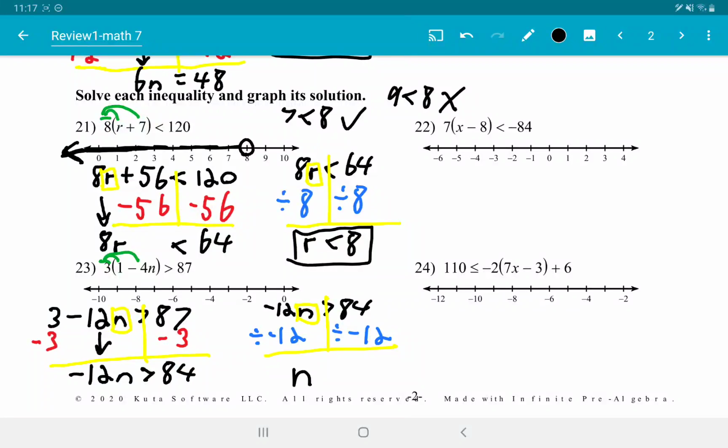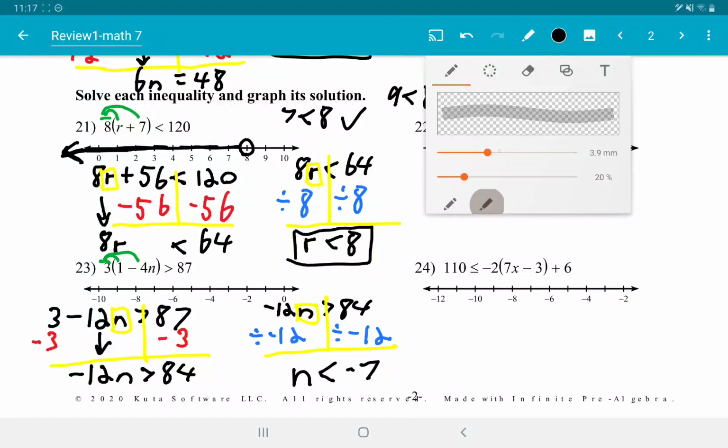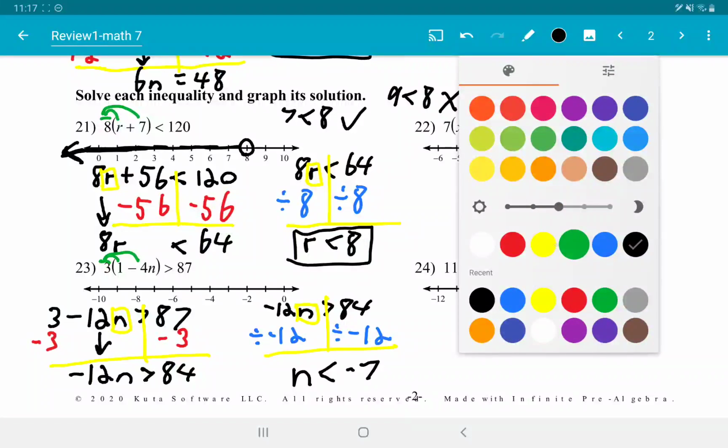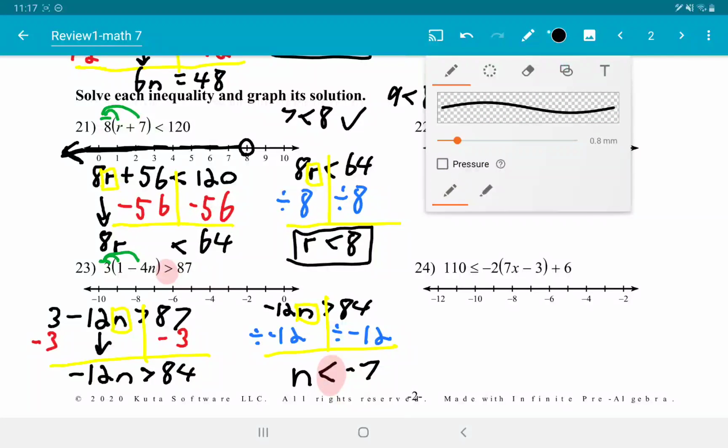If you multiply or divide by a negative number like I did here, my inequality sign flips. So I do just want to point out again, I started off with the greater than sign, and my sign flipped the other way. A lot of people make that mistake.